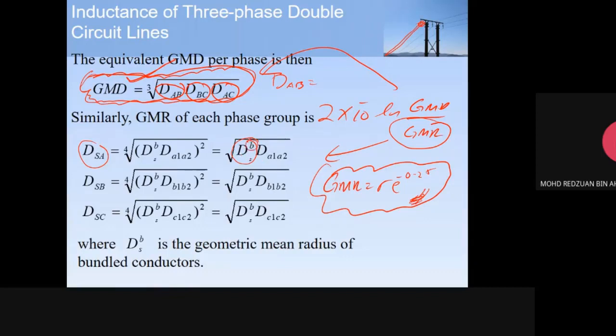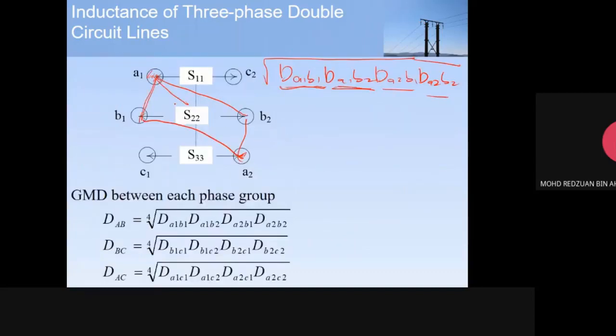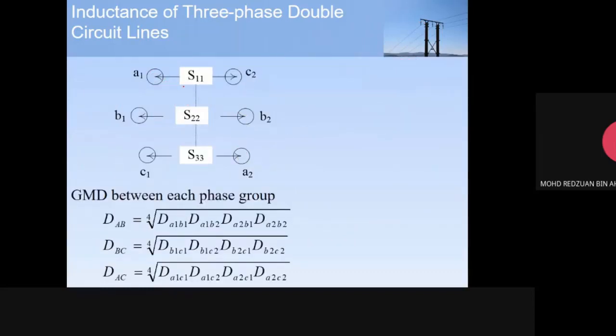Ds for bundle. Bundle means, let's say this is the transmission line. Bundle of two means they have two conductors here. Bundle of three, they have three conductors. Bundle of four, they have four conductors. If they just give you this arrangement, which is three-phase double circuit but without bundle, just one conductor.